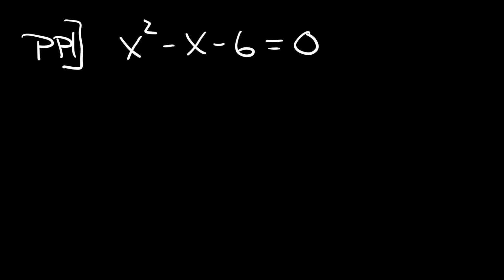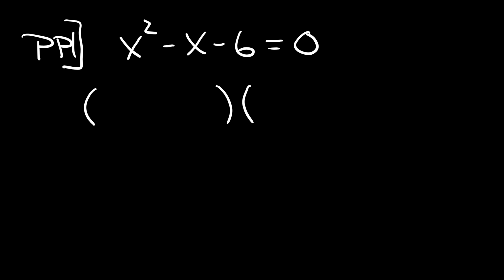So now, in my world, I like to categorize the type of problems that I have. This I'm going to call an easy problem. And I call it easy because the first term has a coefficient of 1. It is 1, so I'm just going to leave it as it is. If the lead coefficient is 1, then that makes it an easy problem.